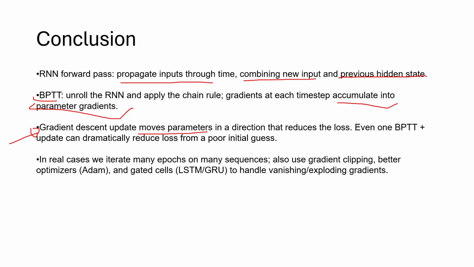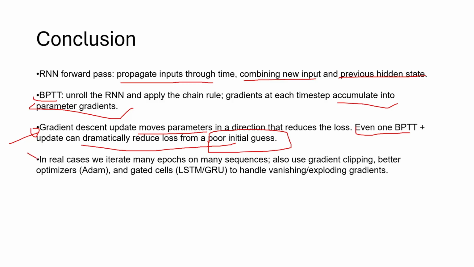We saw that even with one backpropagation and update, we dramatically got closer from the poor initial guess. But we have to be careful, because this is a very simple example and we use a very high learning rate of 0.1.